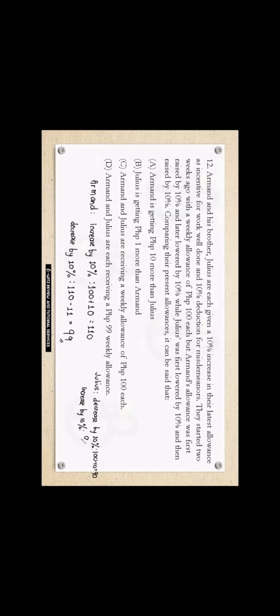Finally, using our first one, which is 90, then add 9 because there is an increase by 10%, will give us 99. Now, as you can see, both have an allowance of 99 pesos. So the correct answer here will be letter D. Armand and Julius are each receiving a 99 pesos weekly allowance.